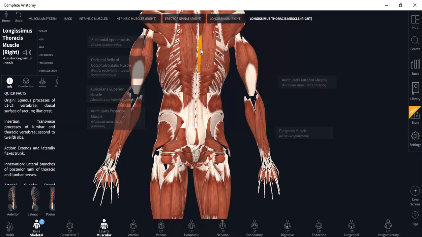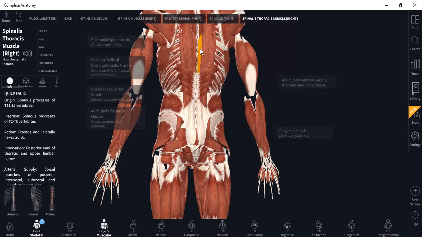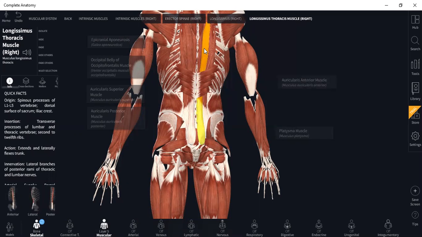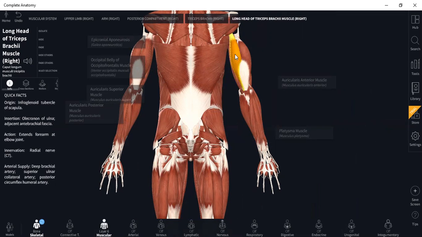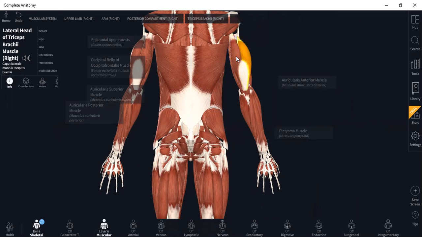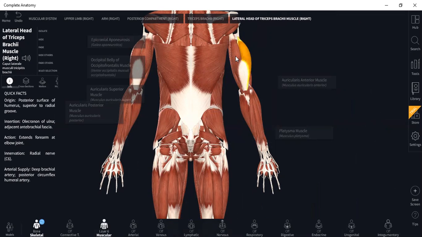So this group together is called erector spinae. On the back of the arm, we have triceps brachii, which is responsible for extending the arm as well as extending the forearm.